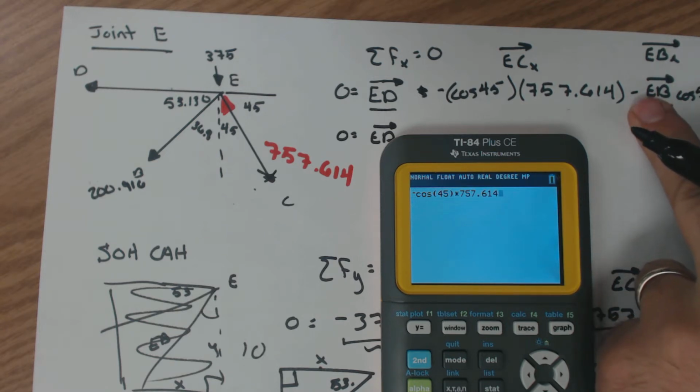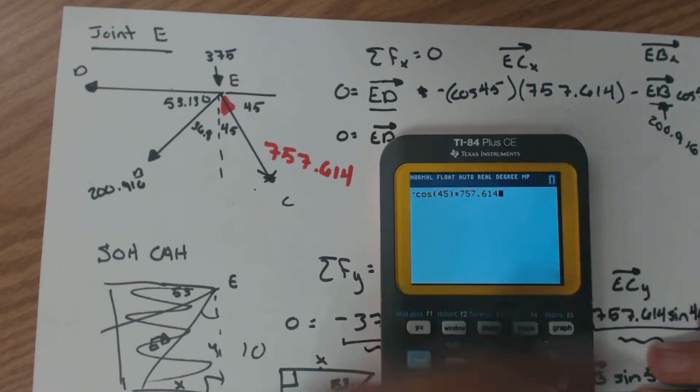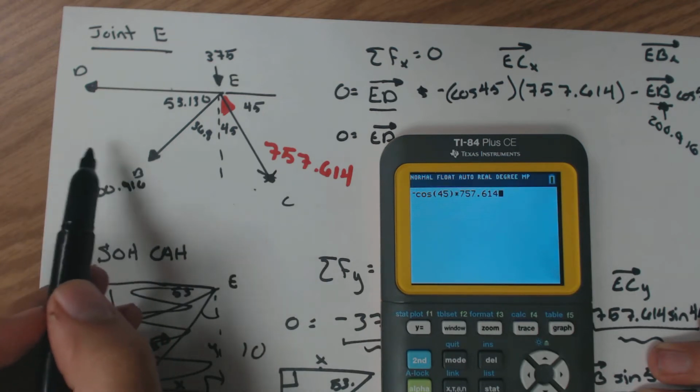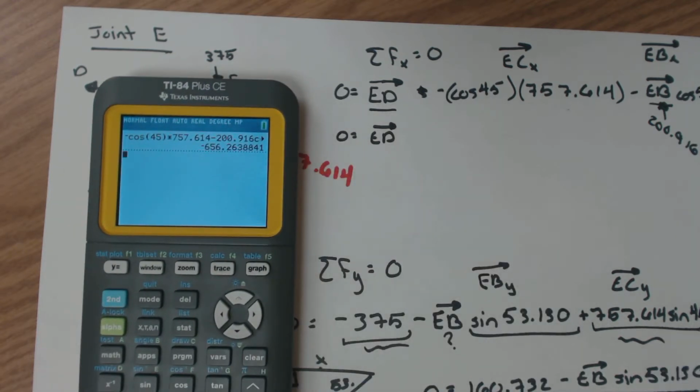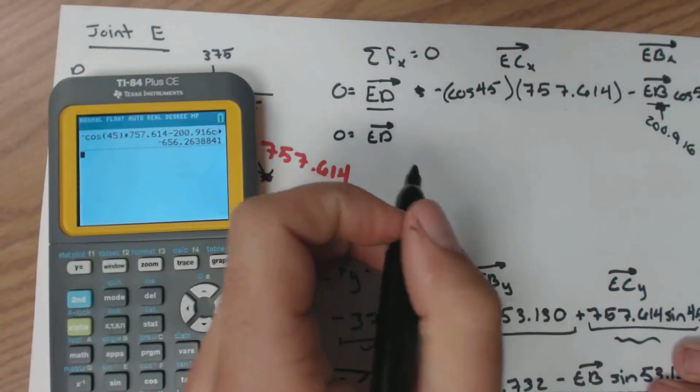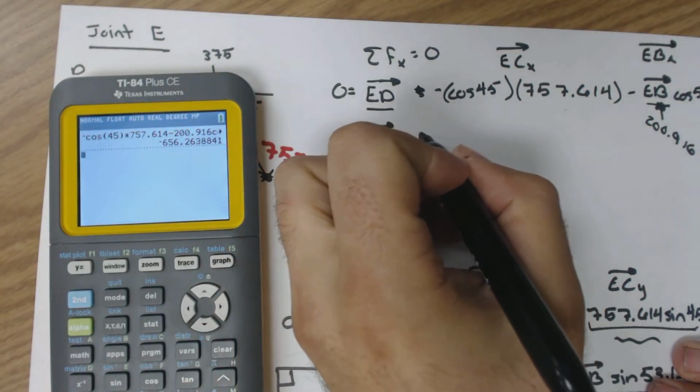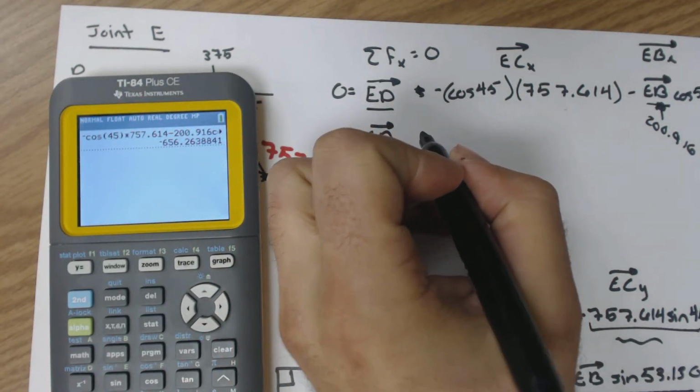And then I'm subtracting, because of the direction the arrow is going, it's going down and to the left. So that's minus 200.916 cosine 53.130, negative 656.